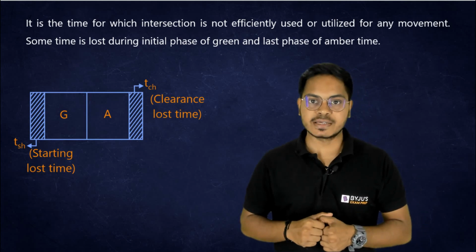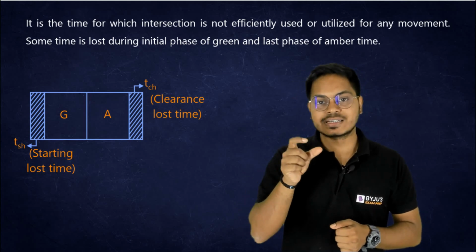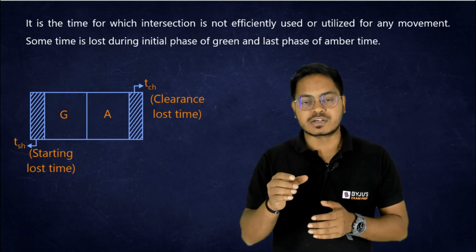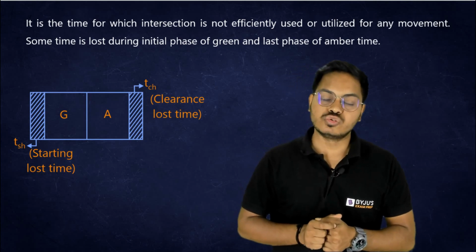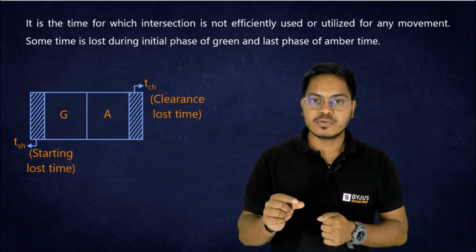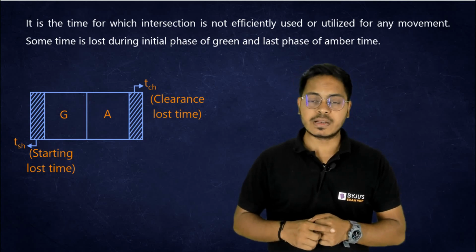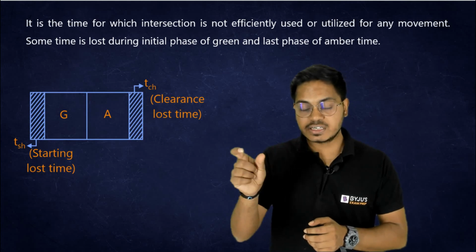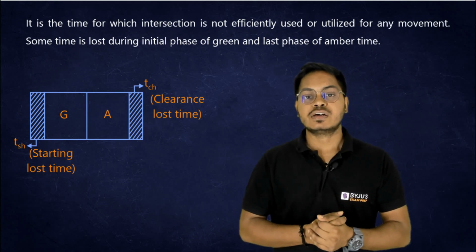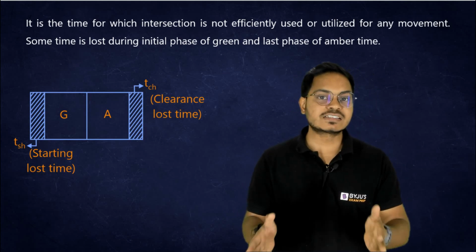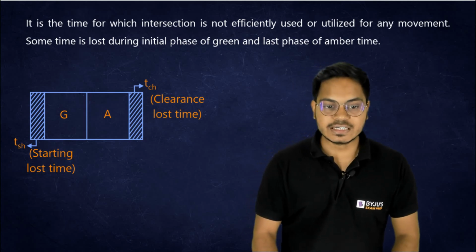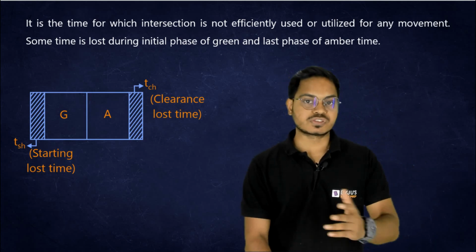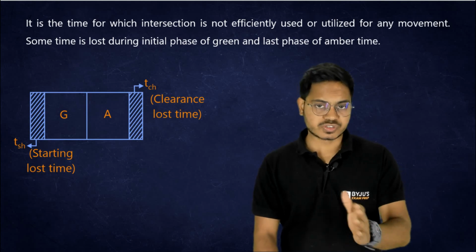So the final part of the amber light was not utilized at the optimum level. So the last duration of the amber light remains unused and hence will be known as the clearance lost time. So this was the another loss, right?